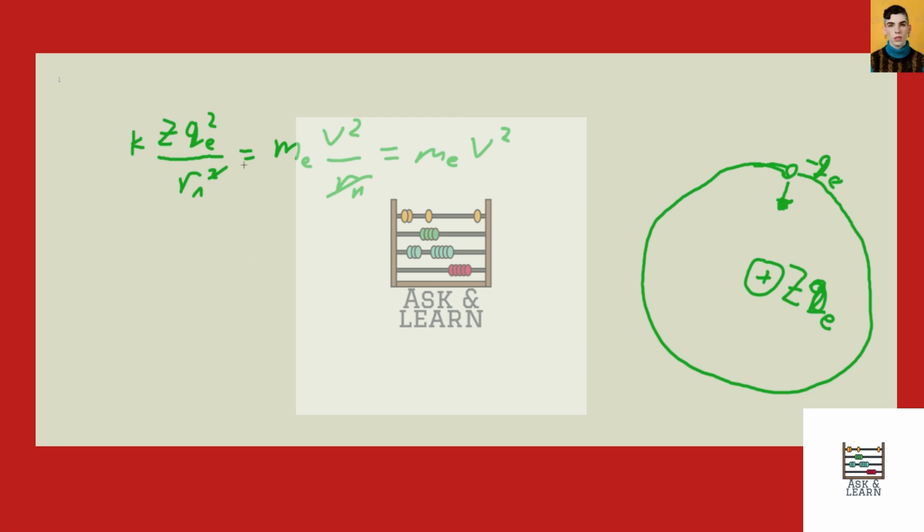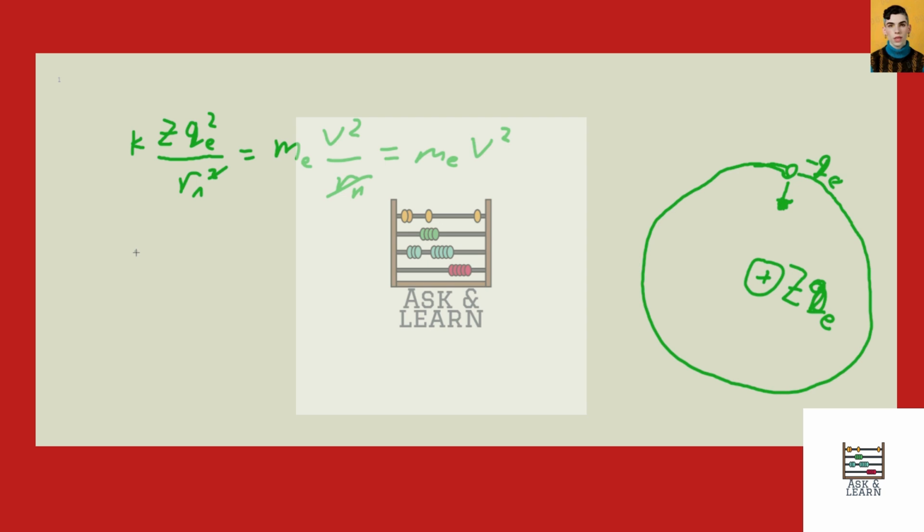And everything here is classical, but quantum mechanics comes in when we say that the angular momentum of an electron should be quantized. This means that it should have discrete specific values. Not everything is allowed.